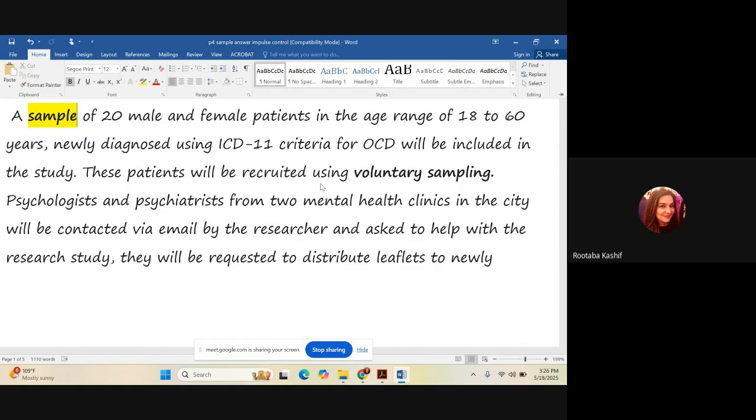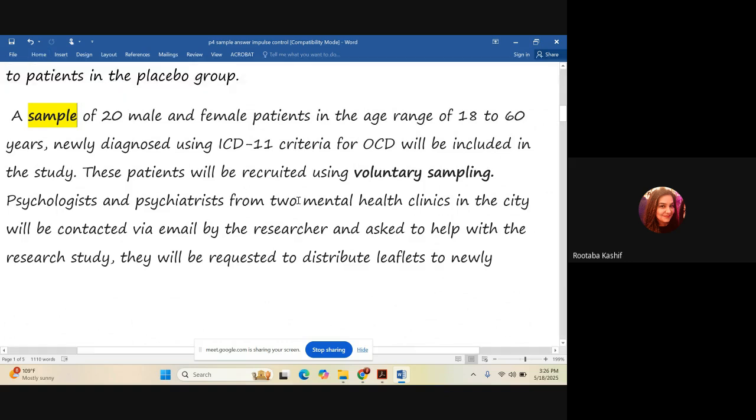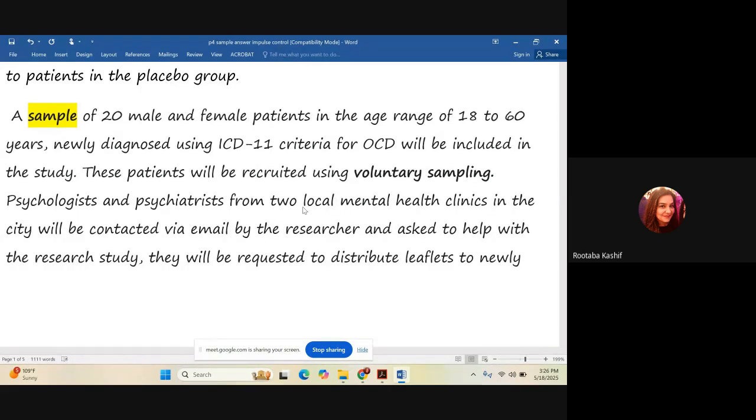These patients will be recruited using voluntary sampling. Psychologists and psychiatrists from 2 local mental health clinics in the city will be contacted via email by the researcher and asked to help with the research study.